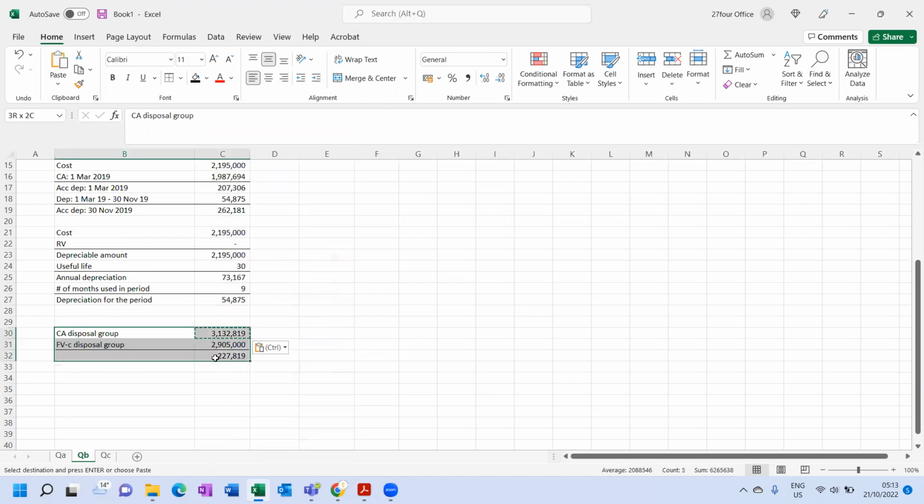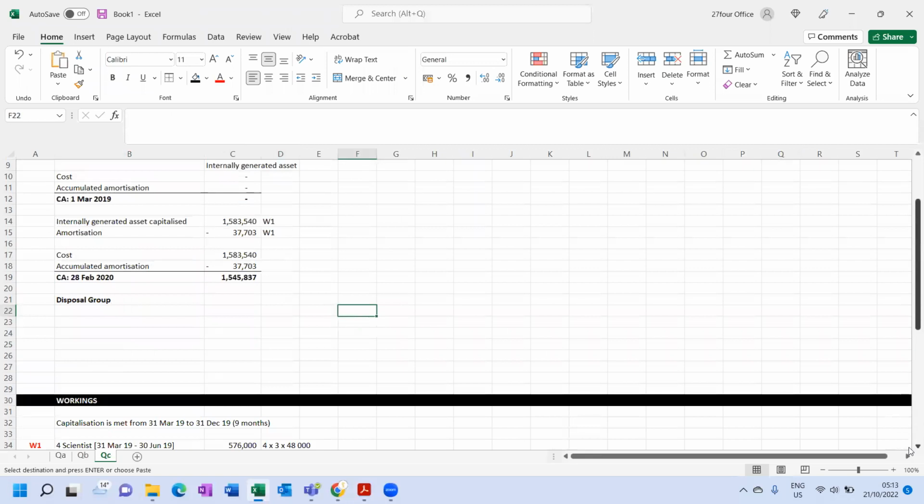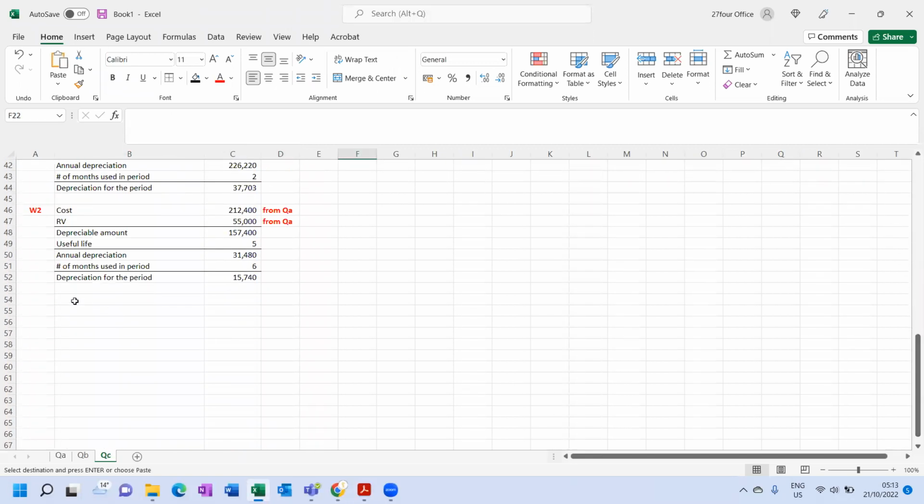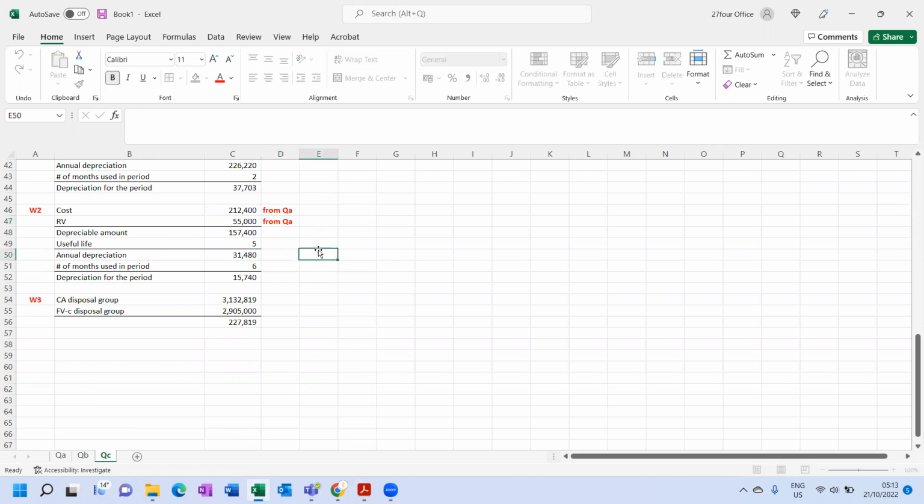If I take this calculation across, you will realize that based on question B, we have the disposal, the carrying amount of a disposal group of 3.1. But the fair value of the disposal group is lower than the carrying amount.